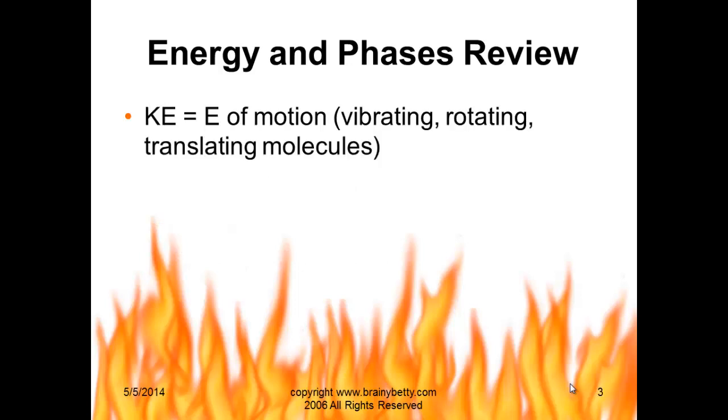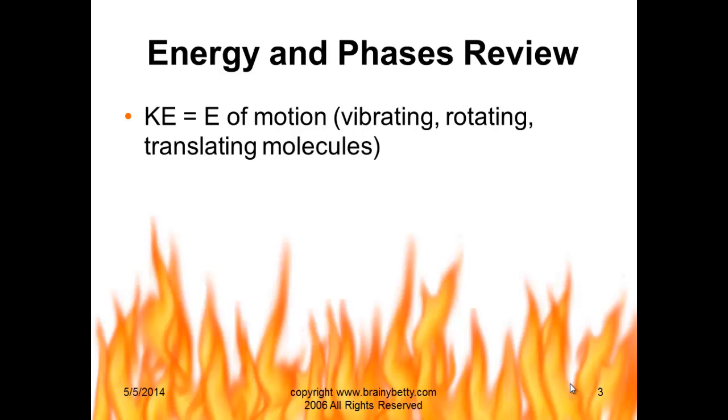Kinetic energy is the other big kind of energy. Hopefully we remember that kinetic energy is energy of motion. When you're talking about physics, that could be a car or a person in motion running or driving down the road. When we talk about molecules, molecules can have three different kinds of motion.